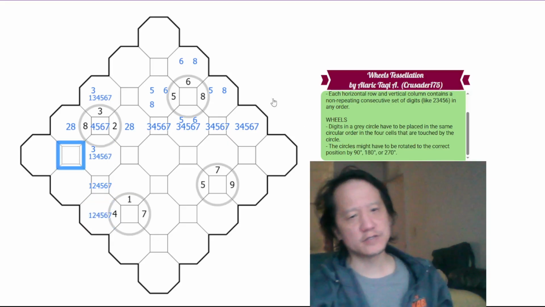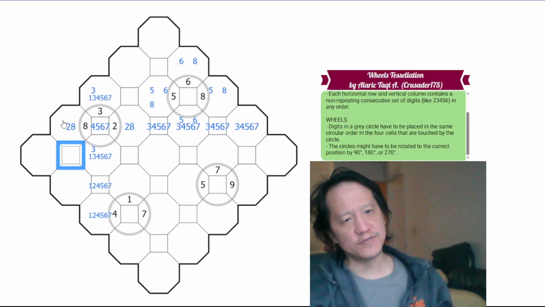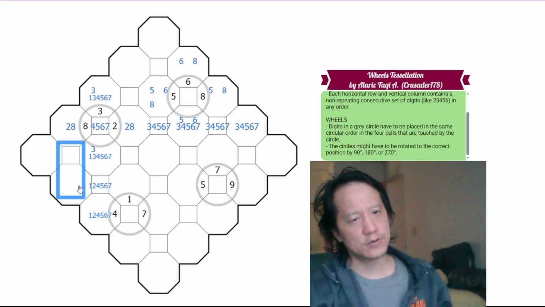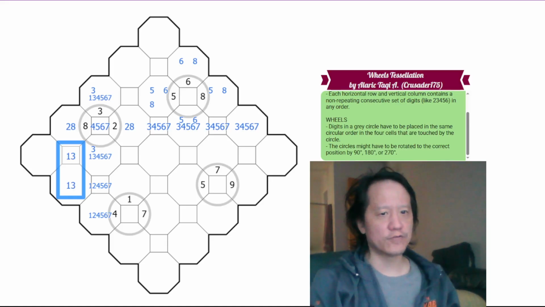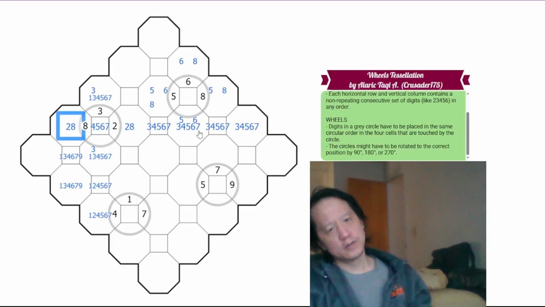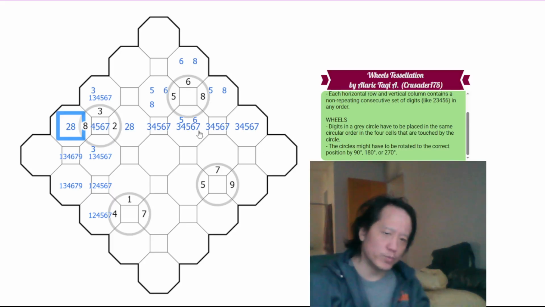So this has to be, if this is 2, that means this is 3. So this has to be 3 guaranteed here with 1 or 4. If this is 8, we have 7 guaranteed here with 6 or 9. But that doesn't tell us too much.